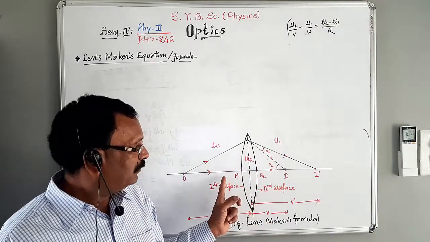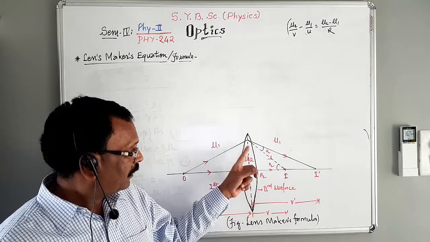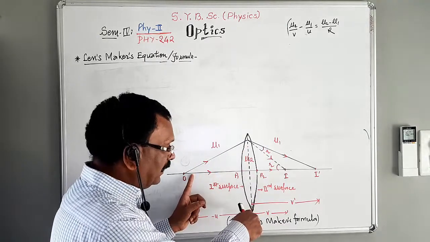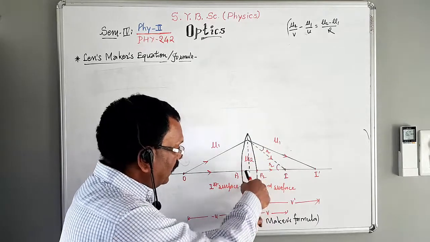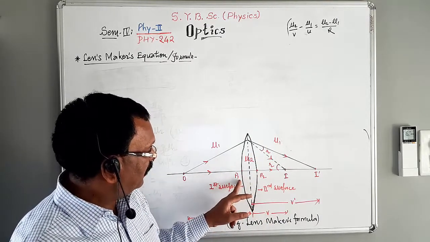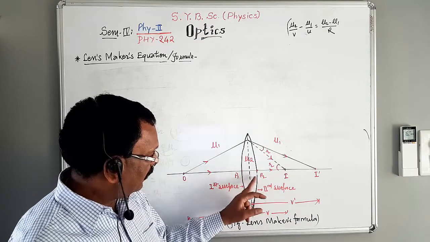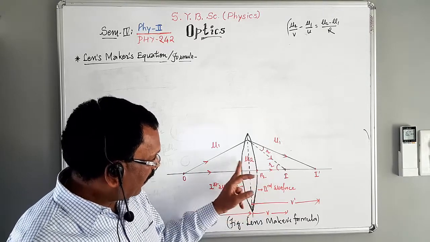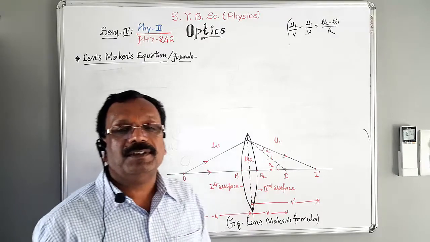Let R1 be the radius of curvature of this side and R2 the radius of curvature of this side. R1 is the radius of curvature of the first surface and R2 is the radius of curvature of the second surface.